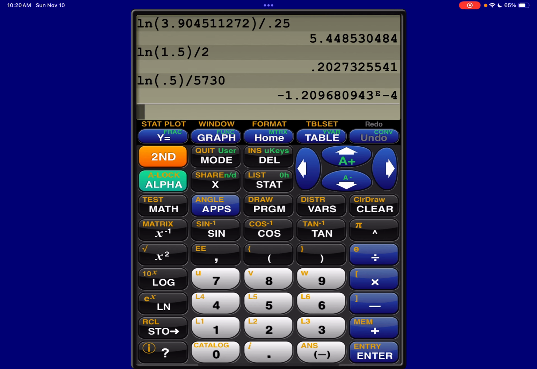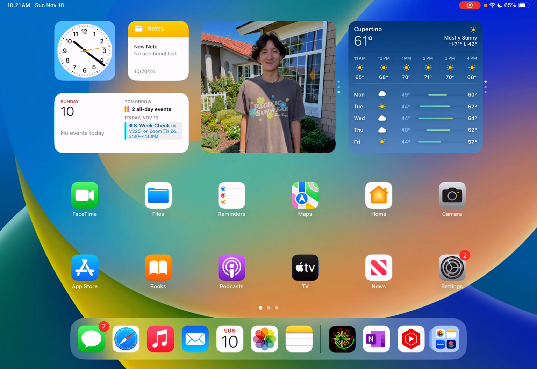It's going to be a tiny, tiny number, but as you see, it's a negative number. And so that e to the negative 4 simply means that you're going to have to move the decimal 4 places left. It's like scientific notation.